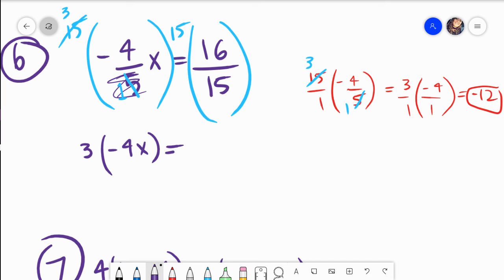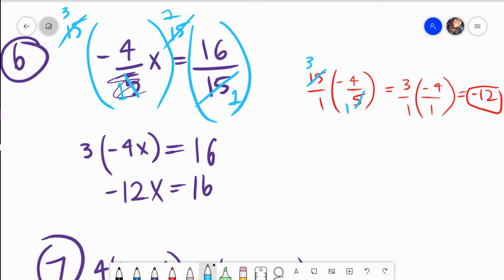Okay, equals. What do I get over here? Well, it's perfect, actually. 15 divides 15, it becomes 1. 15 divides 15, it becomes 1. The only thing I have on the right-hand side is a 16. Now, I've got 3 times negative 4x. 3 times 4 is 12. Signs are different, so it's negative. Don't forget your variable. Equals 16.